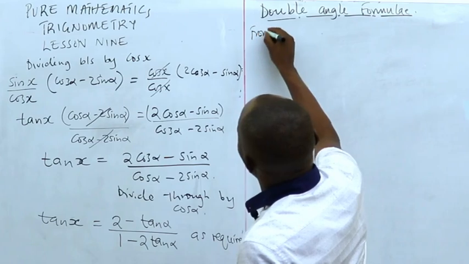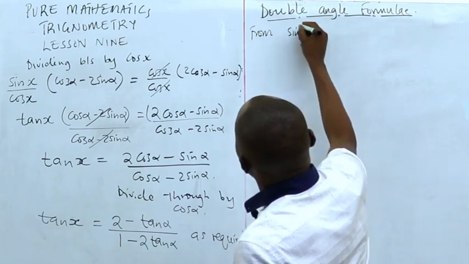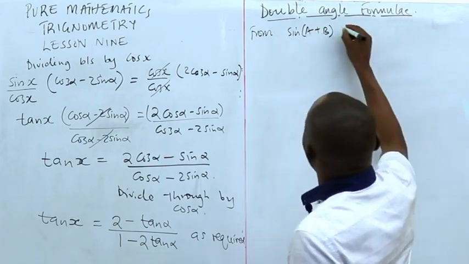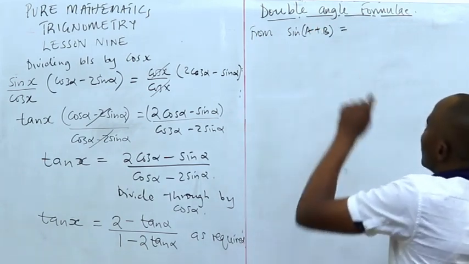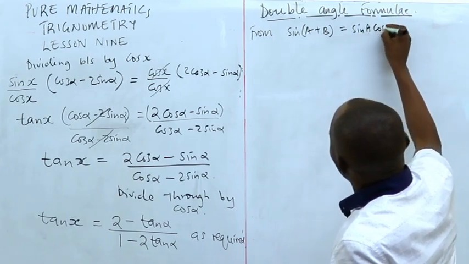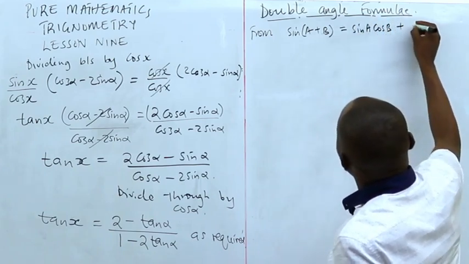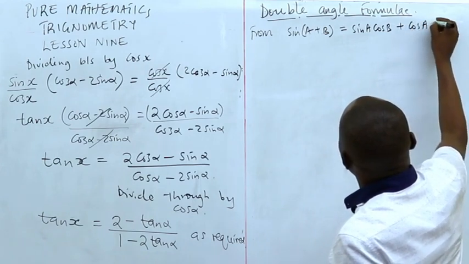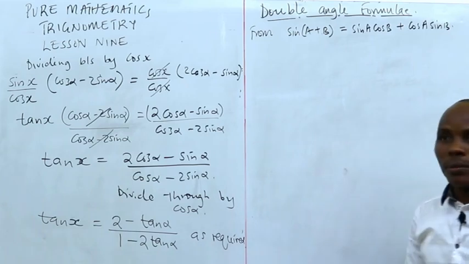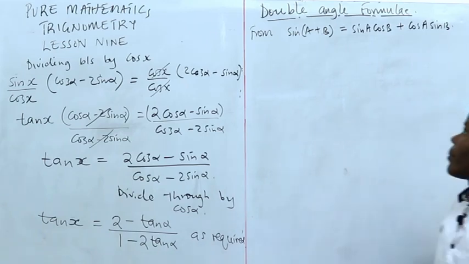From sine of A plus B, we discovered that this one is sine A cos B plus cos A sine B. Is it so?